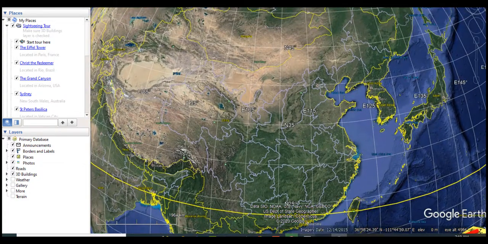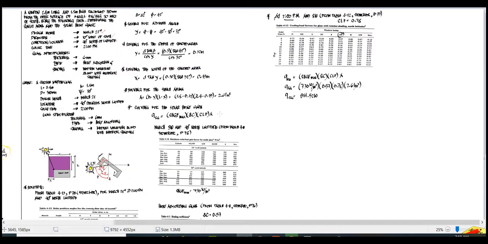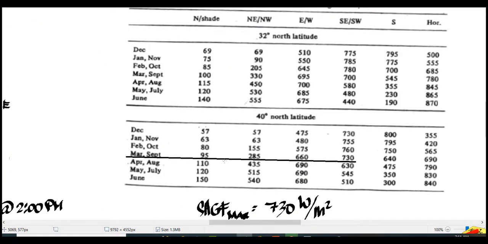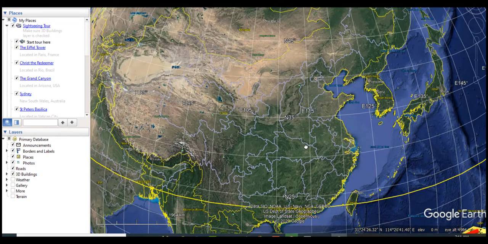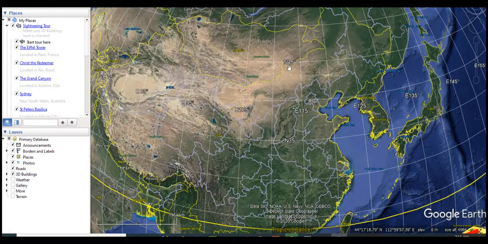The data given in the book is for 32 degrees north latitude and 43 degrees north latitude. You will notice that we are far beyond; 42 is somewhere here, and 32 here.